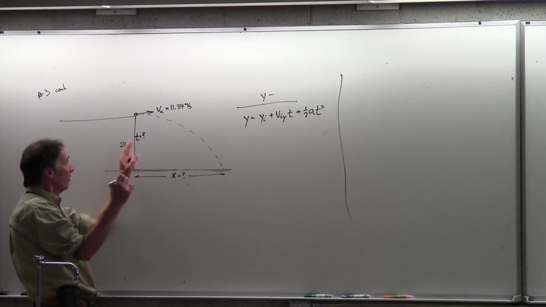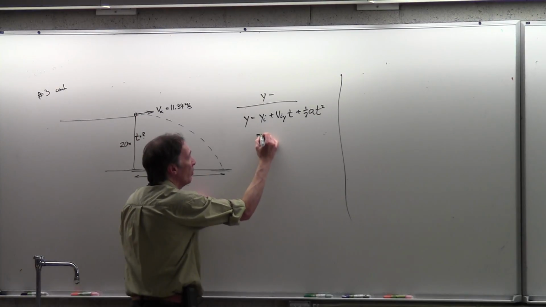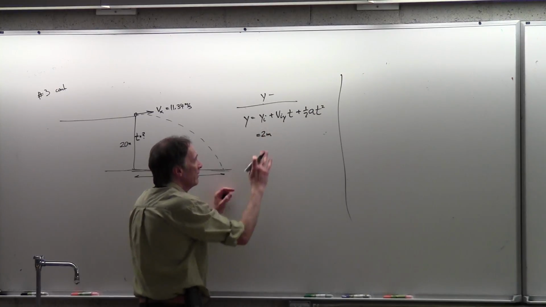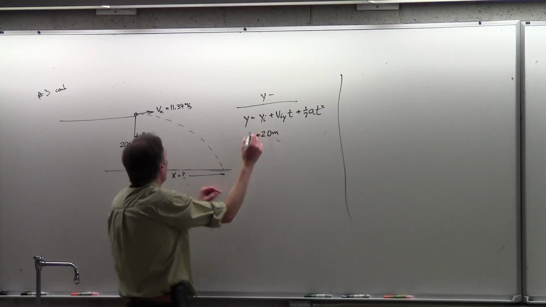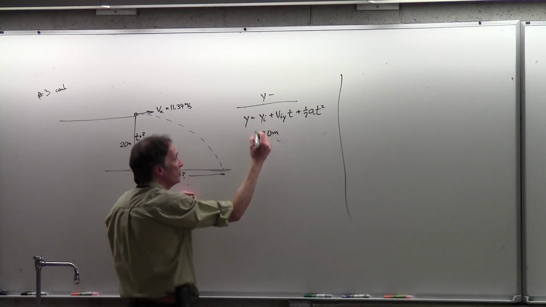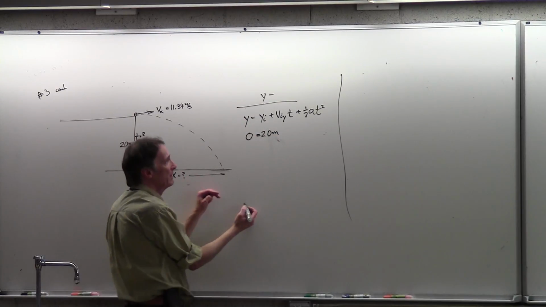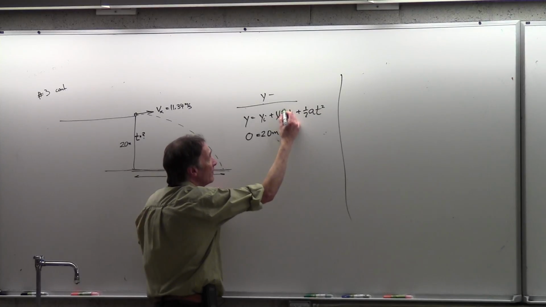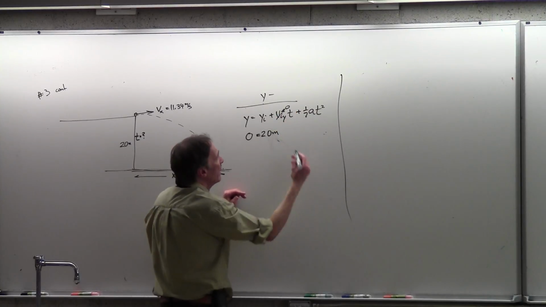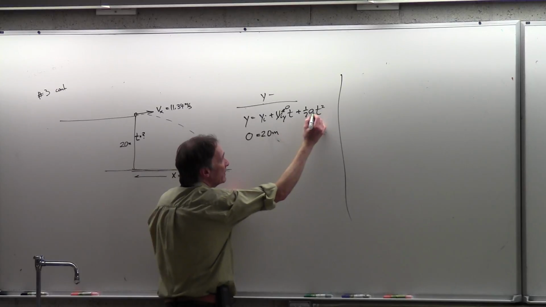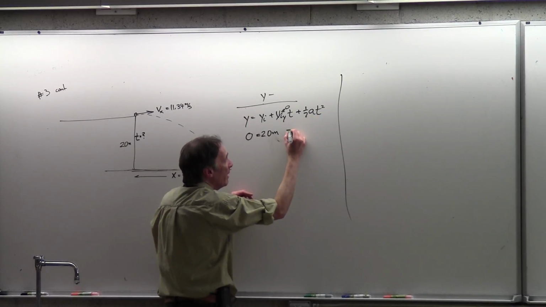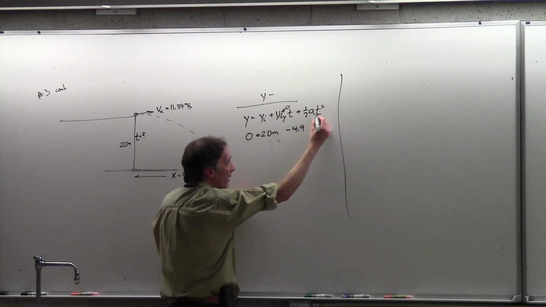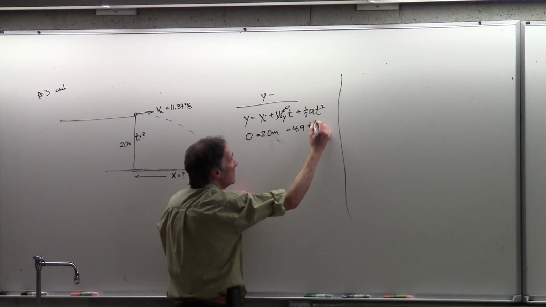So my initial height is going to be 20 meters. The y final should be down to the ground, 0. The initial velocity in the y is 0, so there's nothing there, but there will be an acceleration in the negative direction. That's going to be minus 4.9, 1/2 g, times t squared.